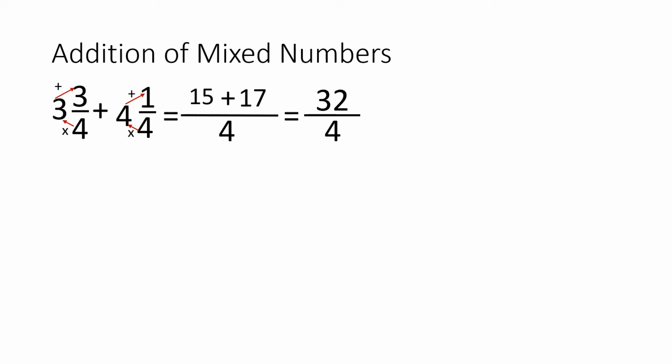And reduce 32/4 to its lowest term. To do that, divide 32 by 4. So 32 divided by 4 equals 8. So our answer is the whole number 8.